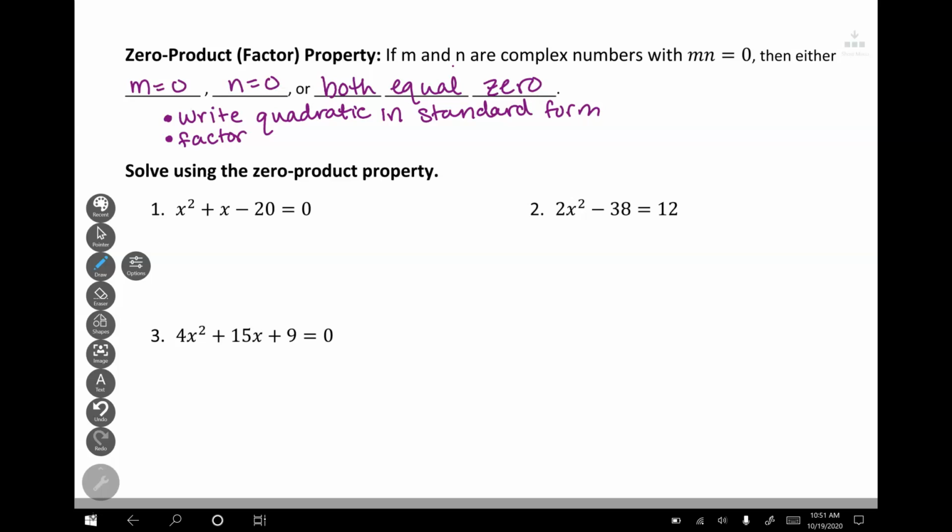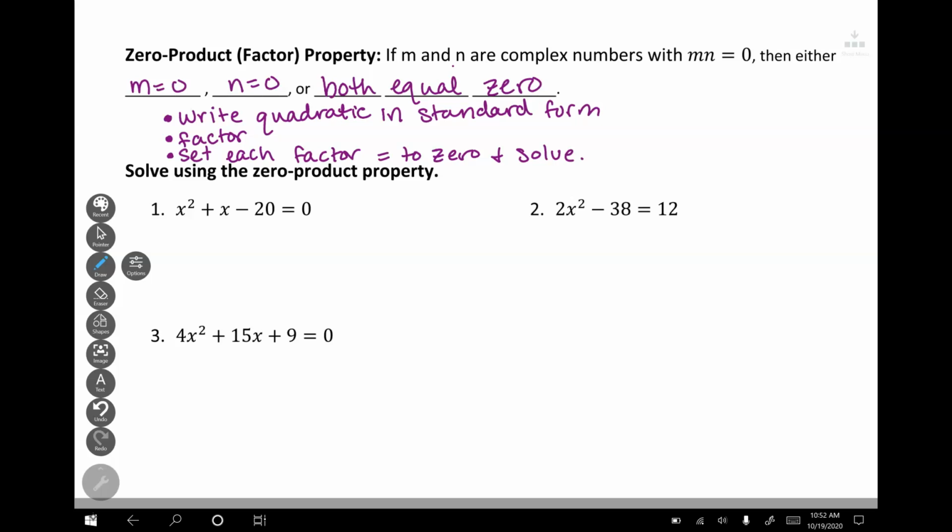Because of the zero product property, one of your factors must equal 0 in order for the equation to be true. So you'll set each factor equal to 0 and solve, and that way you can get your two solutions.